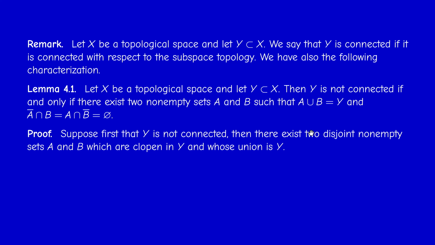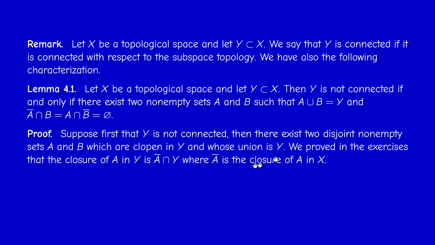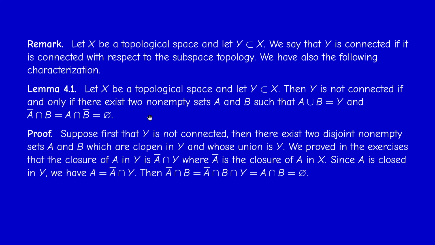So there exist two disjoint non-empty subsets A and B of Y that are clopen in Y and whose union is Y. Now, in an exercise of chapter 1, we proved that the closure of A in Y is simply the intersection of Y and the closure of A in the bigger space X. So saying that A is closed in Y means that A is equal to its closure in Y, so it means that A is equal to A-bar intersected with Y, where A-bar is the closure of A in the bigger space X.